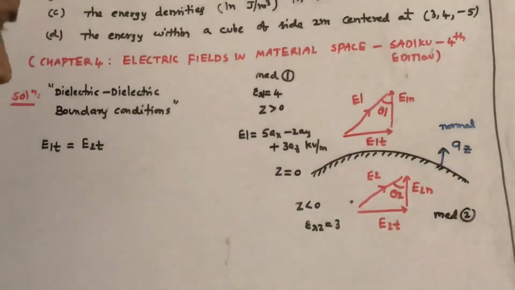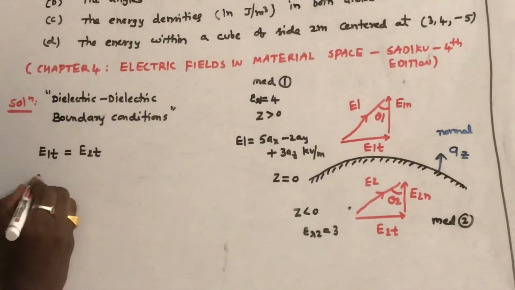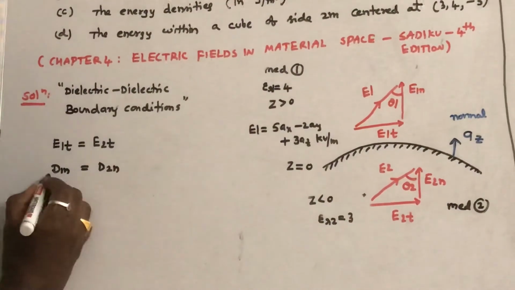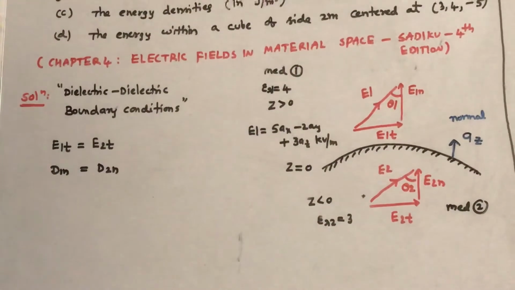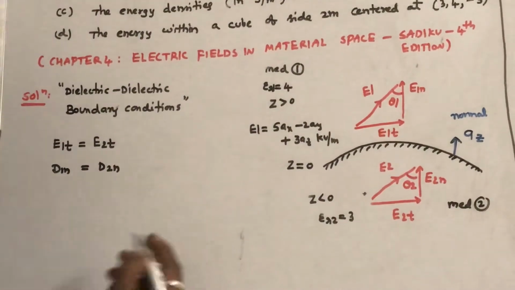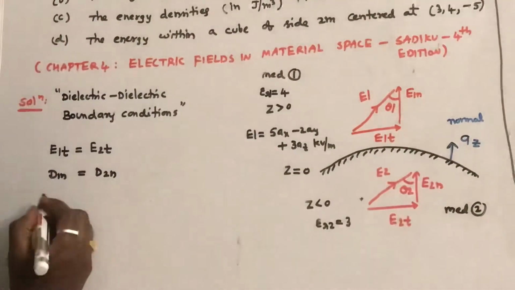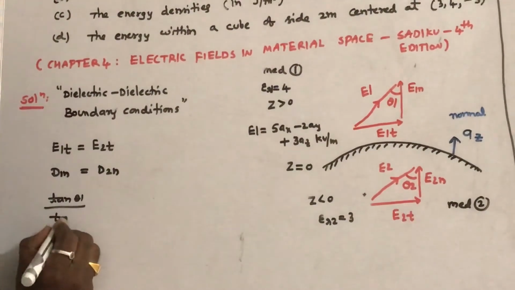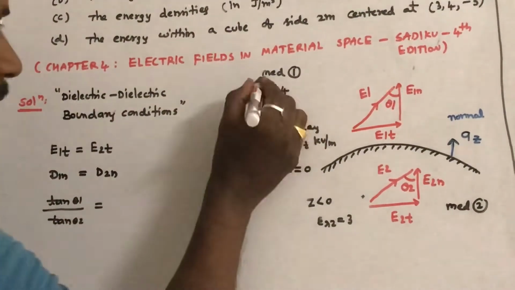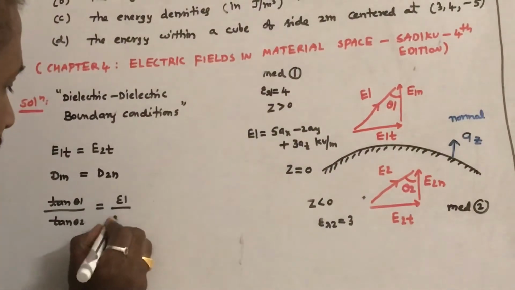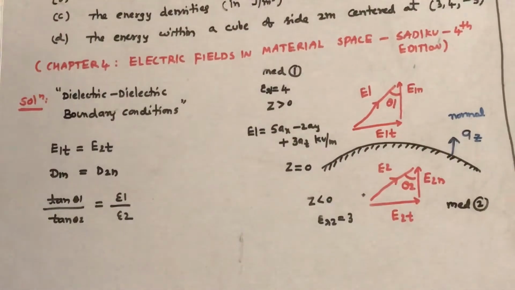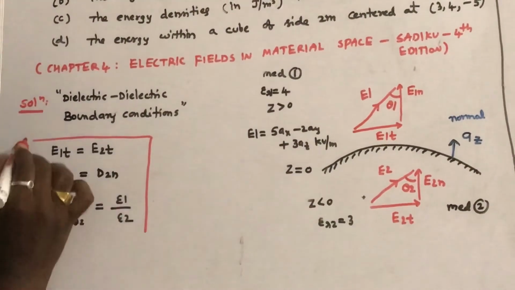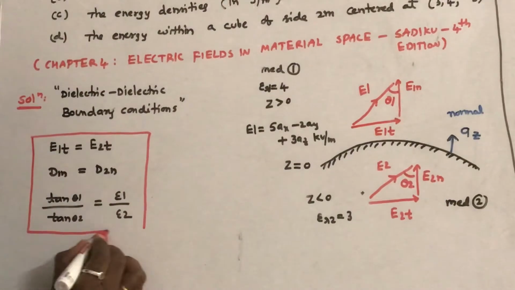So E1t equals E2t, and D1n equals D2n: the normal components of flux densities are the same across the boundary. Another relation between theta 1 and theta 2 is tan theta 1 by tan theta 2 equals epsilon 1 by epsilon 2, the ratio of the medium constants. These are the boundary conditions you have to remember to solve this problem.